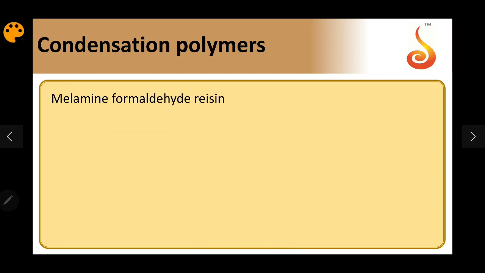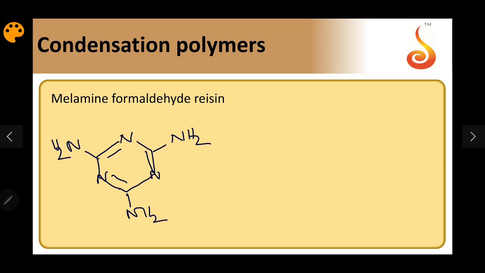Melamine formaldehyde resin. Melamine is a compound with this structure. Three nitrogens like a benzene ring, and on the carbons they are attached to NH2 groups. So there are 6 nitrogens in one molecule of melamine. This combines with formaldehyde in excess.